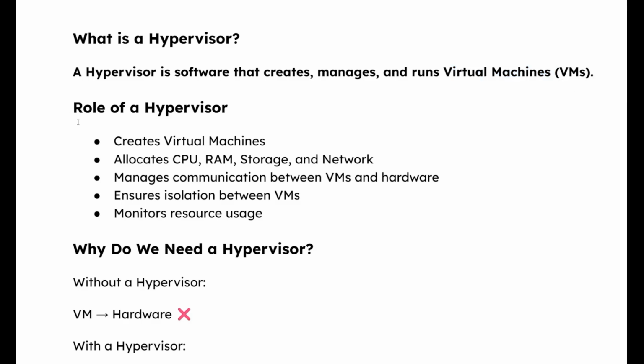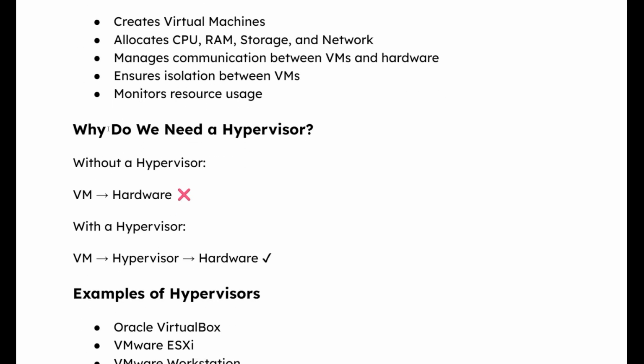The role of a hypervisor is to create the virtual machine, allocate the resources such as CPU, RAM, storage, and network, and manage the communication between the virtual machine and hardware. It also ensures isolation and monitors the resource usage, all these things. So this is the role of a hypervisor. Do you get it? Fine.